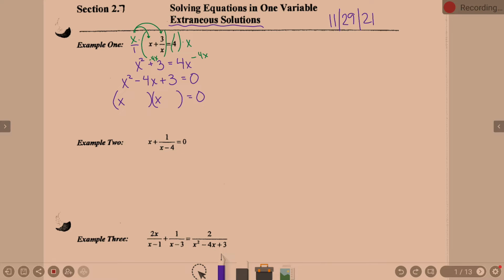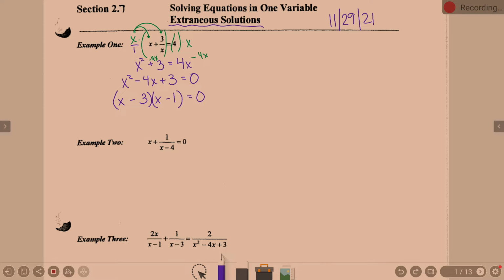What multiplies to be positive 3, but adds to be negative 4? It's got to be 3 times 1. And my signs are minus and minus. Negative times negative is positive. Negative 3 plus negative 1 is negative 4.